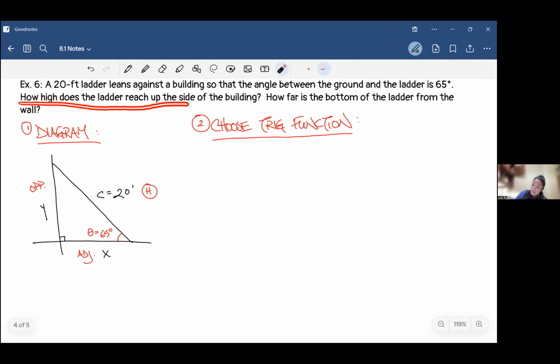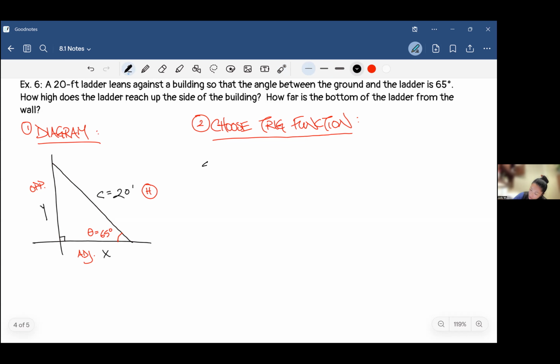So let's look at the first question first. How high does the ladder reach up the side of the building? So, in other words, I want to know this, the opposite side. Well, let's think about which trig function talks about a hypotenuse and an opposite side, all right?